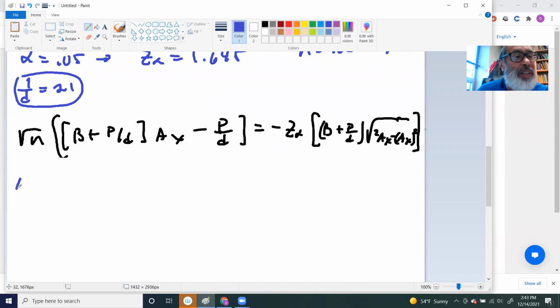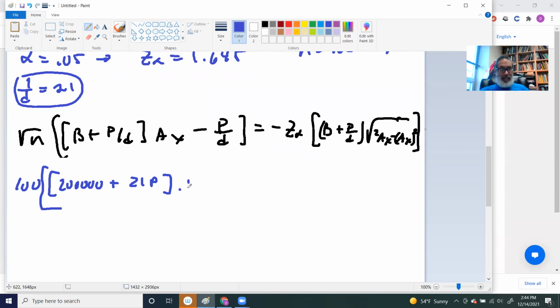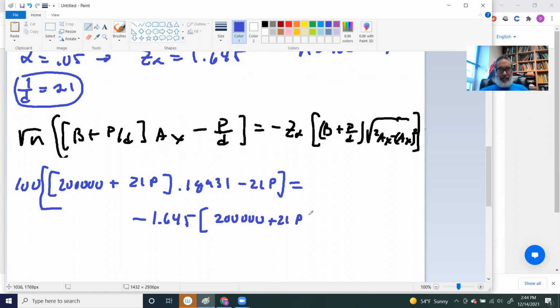Square root of n is 100. The benefit is 200,000. P over D is 21p. And reading this off the table, 18931 minus 21p is equal to minus 1.645, 200,000 plus 21p multiplied by all that square root.